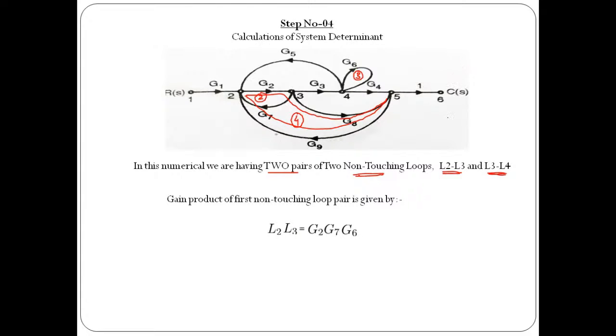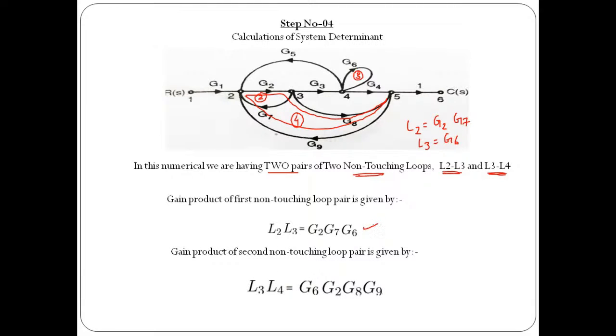So what will be the gain for L2? The gain for L2 is nothing but G2 multiplied by G7. And what will be the gain for the third loop? It is simply G6. So we need to multiply L2 into L3. That means G2, G6, G7, or G2, G7 into G6. In the same way, the gain product for the second non-touching loop will be the product of L3 into L4.